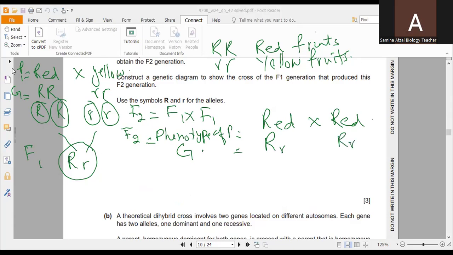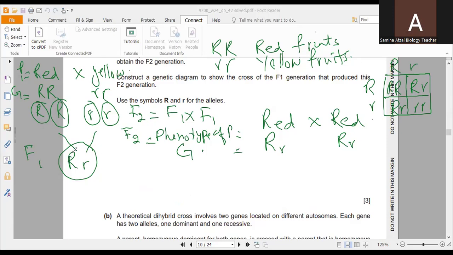So by making use of Punnett's square, we can have capital R, capital R, capital R, small r.